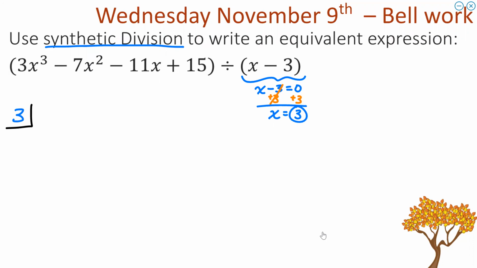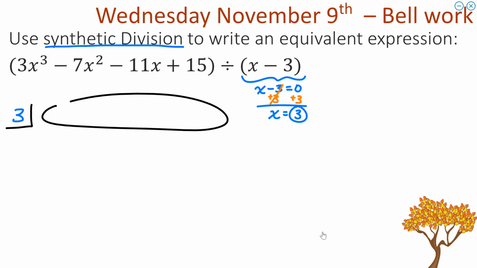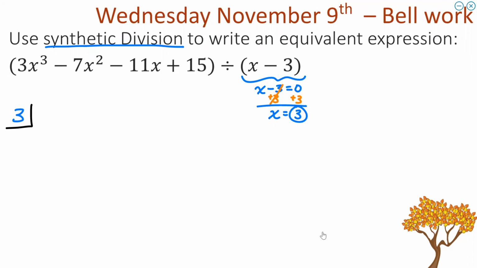How do I find the other numbers that I'm going to put right here? Yes, what's inside the first set of parentheses, and we're just grabbing the numbers. We're not grabbing any of the x's, just the coefficients. So what is the x with the biggest exponent on it? 3x cubed. So I write down a 3. Then I need every other power of x going down.